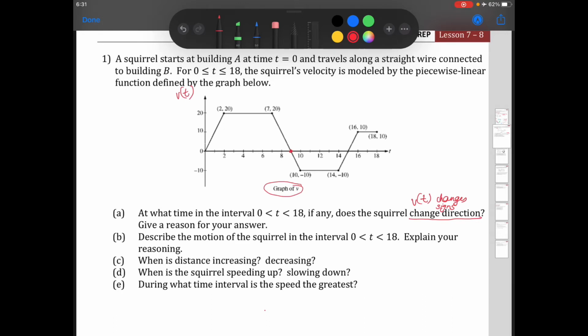If you look at it, it is at t equals 9, and the other one is 15. So let's answer that. That's part A. t equals 9 and t equals 15, right? It went from positive to negative and negative to positive. And my reason was when v of t, or velocity, changes signs.